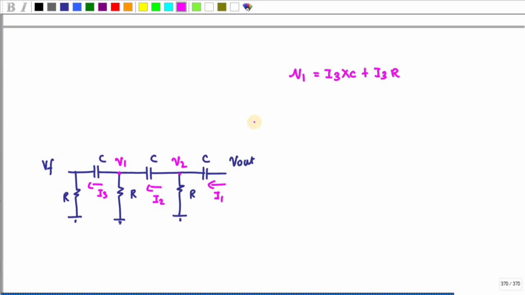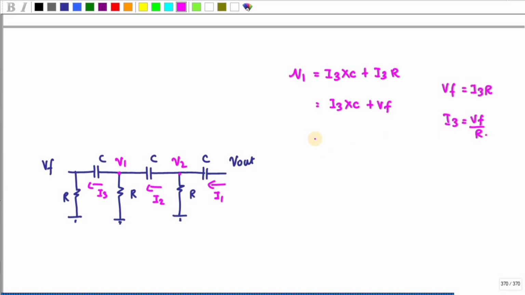So the I3 into R is nothing but Vf. Since I am writing Vf is equal to I3 into R, I can write I3 is equal to Vf by R, right?